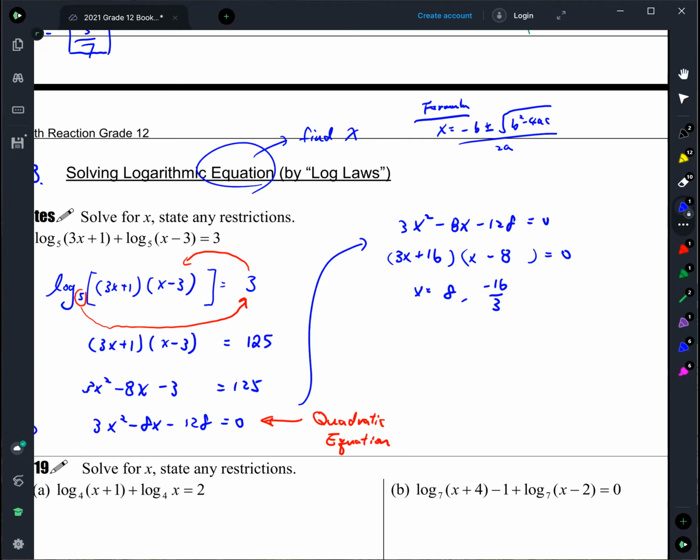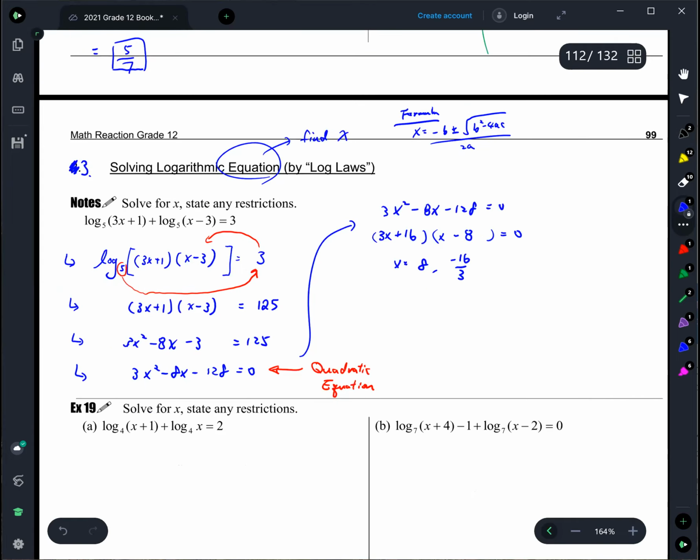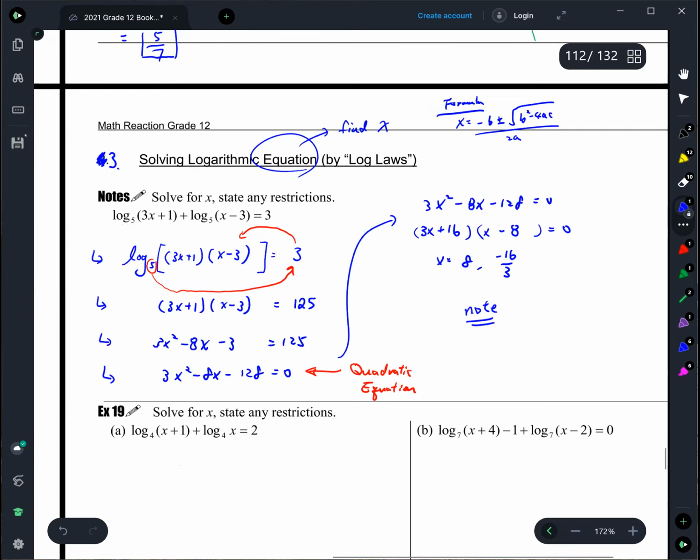Okay, once you get to this point, I cannot stop here yet. There's something I need to mention on the side, so make a note. If I have log with any base, it doesn't matter, let's say I choose 2, of something, equal to whatever, because you have a base of 2, 2 to the something has to equal the inside.